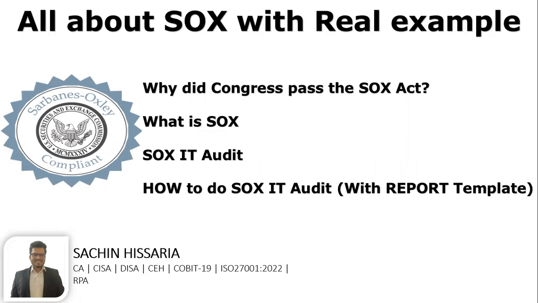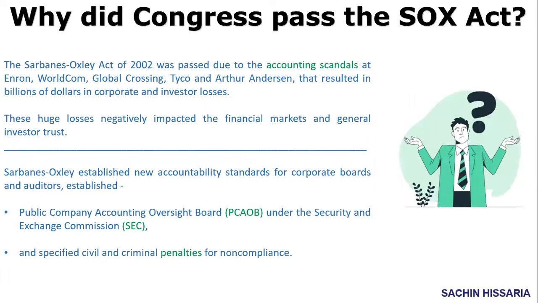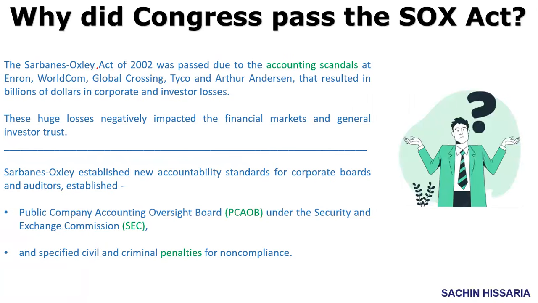Okay. So our first topic is why this act was passed. So basically in 2002, there were a lot of accounting scams happening in the US market. Okay. So due to those accounting scams, what happened? It was impacting the financial market and the general investor trust. So they passed this law, the Sarbanes-Oxley Act, and as per this law, they formed two bodies basically.